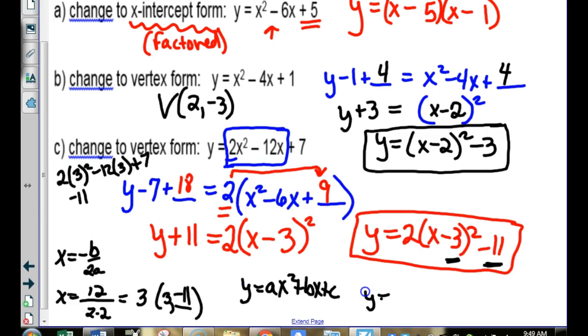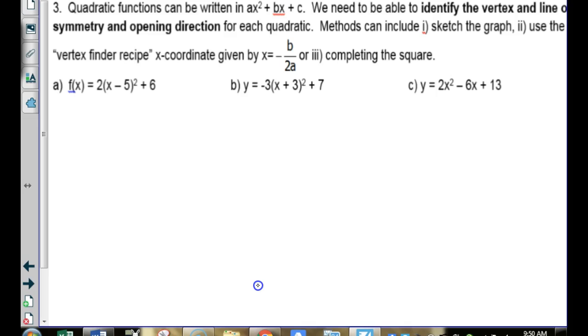And this is what we ended with. Right? What's the same in both of those equations besides the x and the y? The a stays the same. So this stretch of 2 is still there. Okay? Now, you're thinking, I don't get what she did. I have no idea. We're going to practice right now.